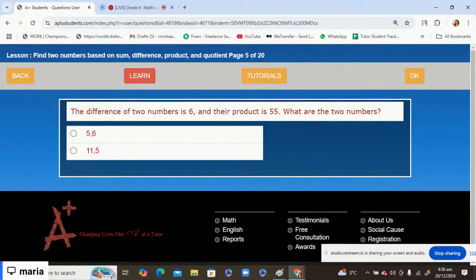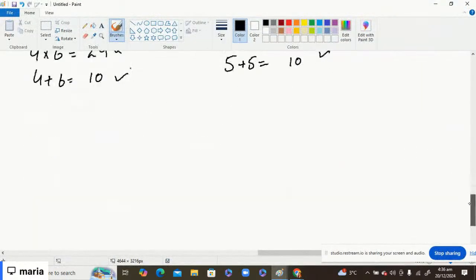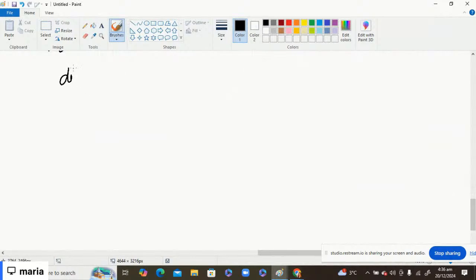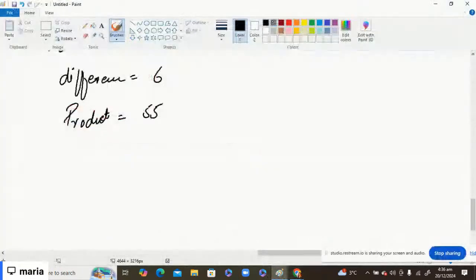So let's do it. The difference is 6, product is 55. The options are 5, 6 and 11, 5.